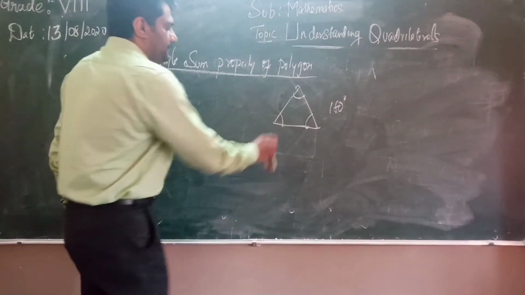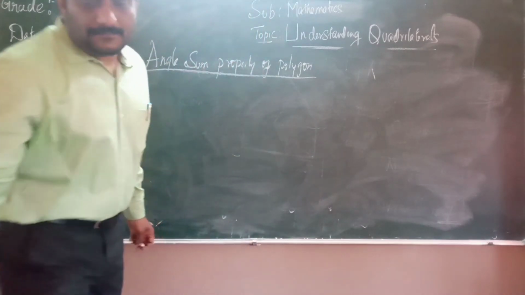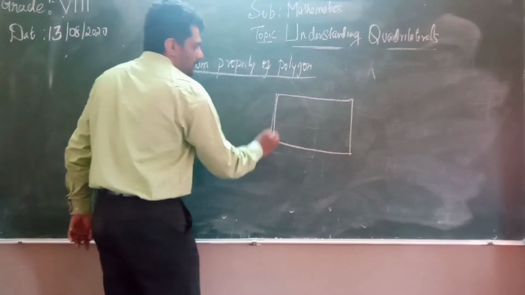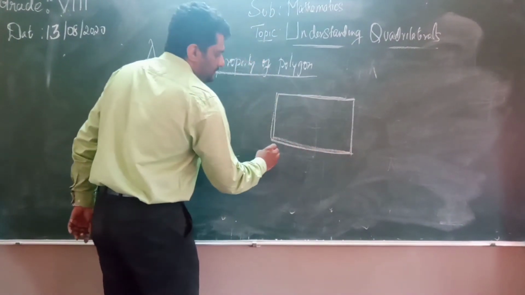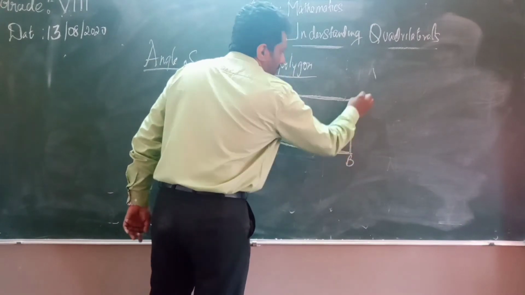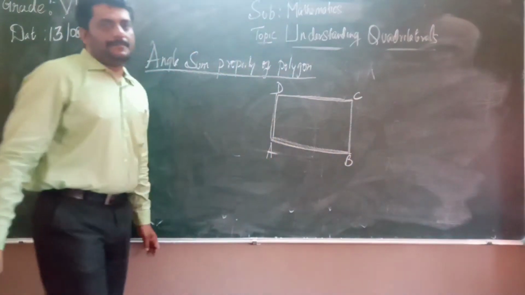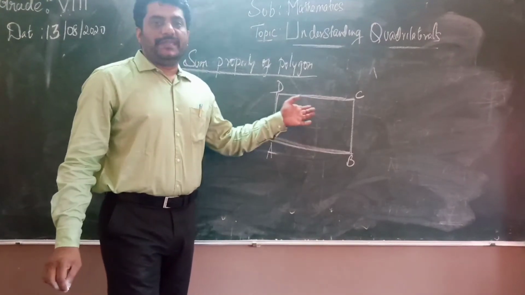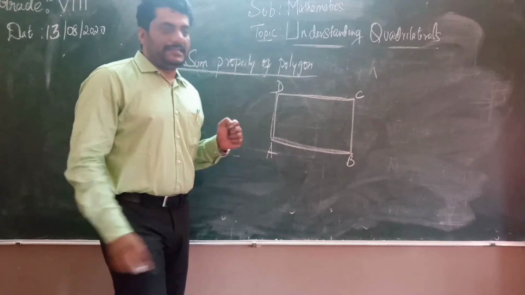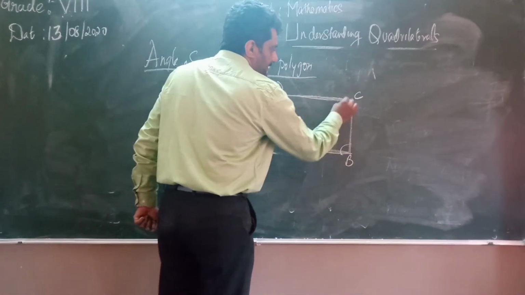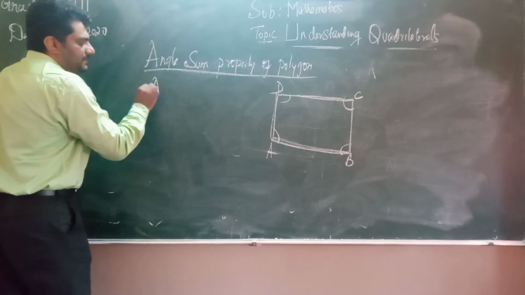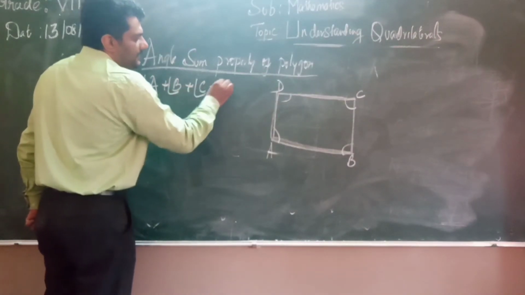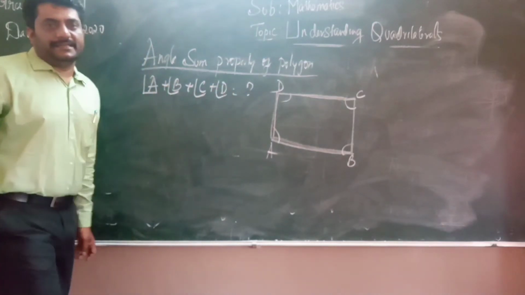Let's do one. What is this? A, B, C, D. This is a quadrilateral. Do we know how much we get when we add all the angles inside the quadrilateral? Say for example, this angle, this angle, this angle, this angle, which is angle A plus angle B plus angle C plus angle D. How much do we get?